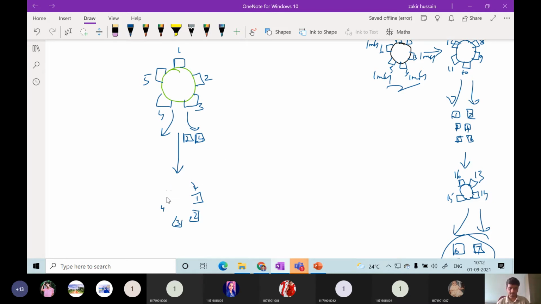For example, in the first step, 3 and 4 packets are dropped. Then what happens? They will be sliding like this. That is, this is 1, 2, and 3 and 4 have already been dropped, that is 5.